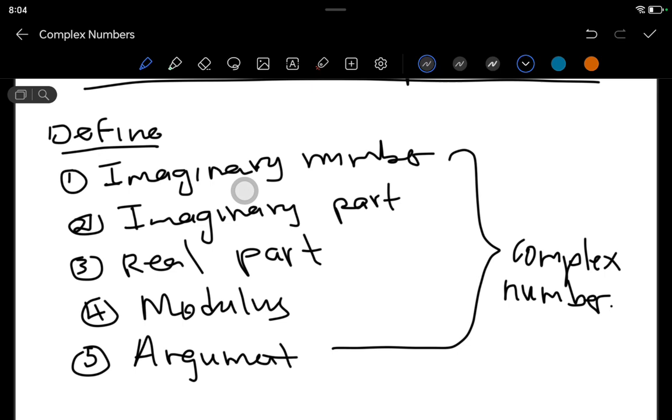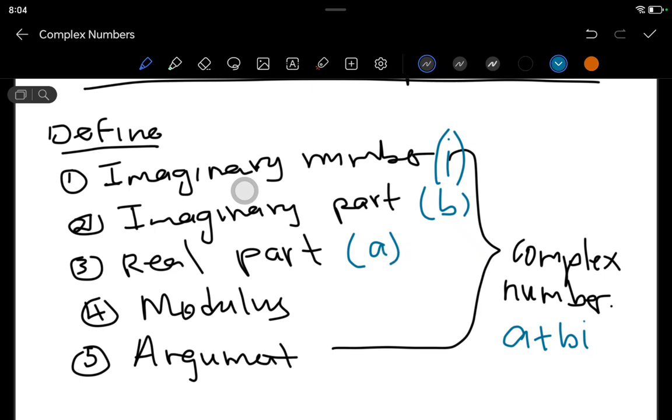When we talk about an imaginary number, we're talking about that thing which we say is i. You have seen it when you were doing this topic. A complex number is written in the form a plus bi. When you look at a plus bi, the imaginary part is the one that has i next to it, meaning our imaginary part will be b and our real part will be a.